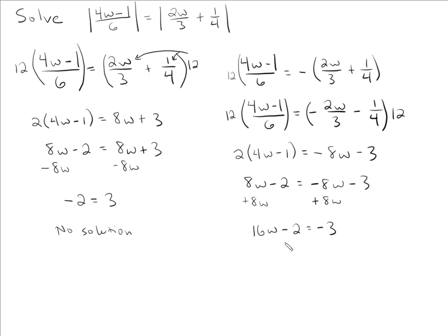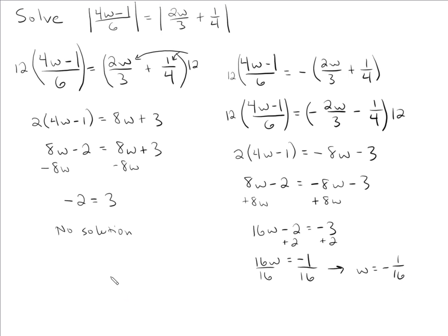Now we need to get rid of this negative 2 there, so we'll add 2 to both sides. And that's going to give us 16w is equal to negative 1. And then if we divide both sides by 16, we get w is equal to negative 1 over 16.